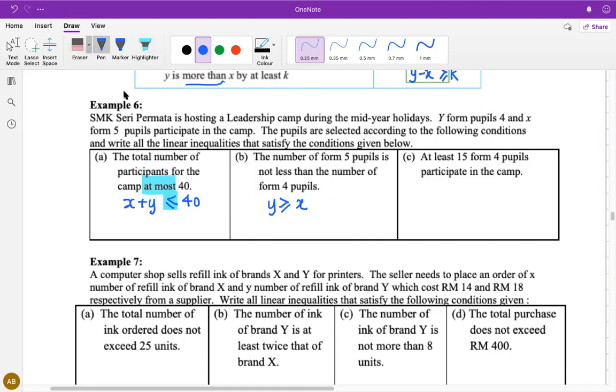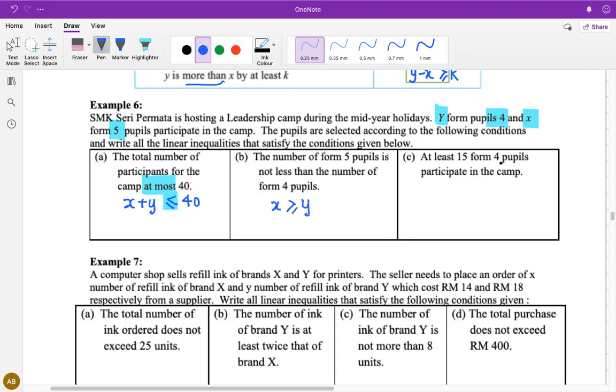Y is Form 4 students and X is Form 5 students. Therefore, the number of Form 5 students, X, is not less than, so it is more than or equal to Y.